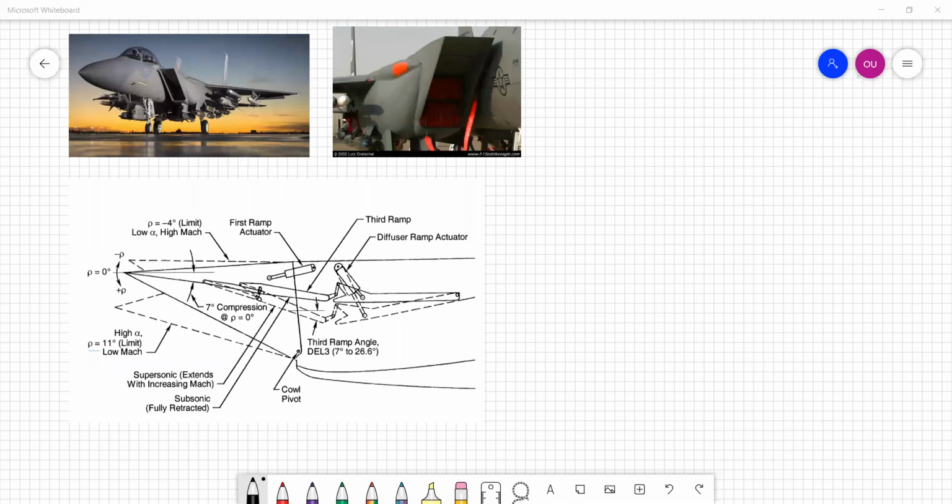So oblique shocks, we have actually discussed most of it. In the last session, I was discussing an important thing, in terms of application, and the pictures that you are seeing here are related to that. The first application we talked about is if we have some kind of sharp nose that creates an oblique shock wave.